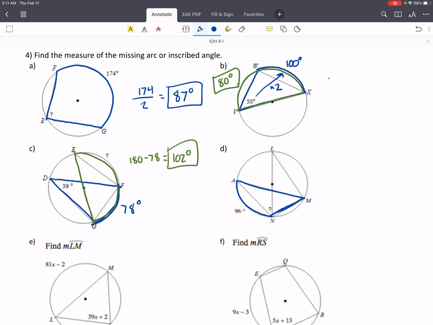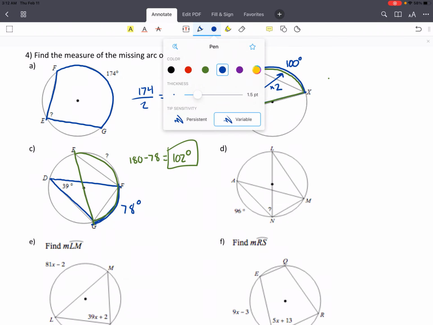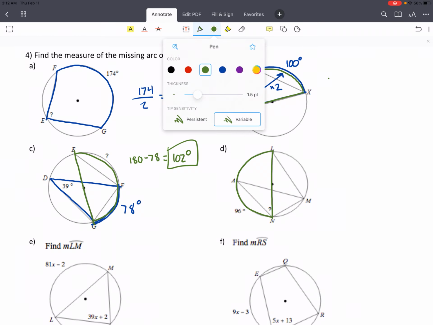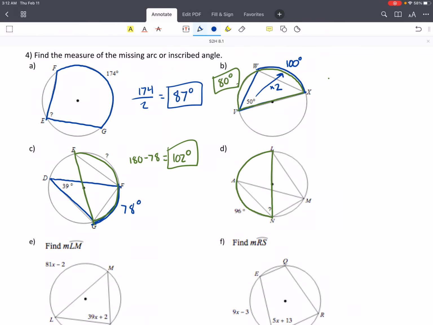Or another way I could do this, I'd rather do this a different way actually, because here's what I notice. I notice that I have a diameter. And I notice the question mark, the angle I'm trying to find, is right here.